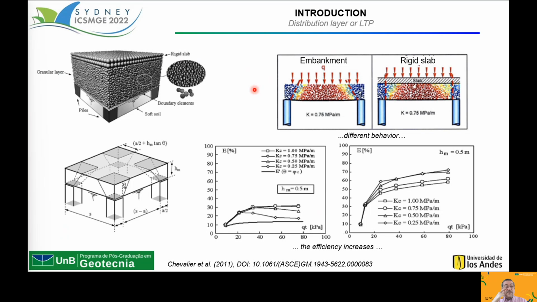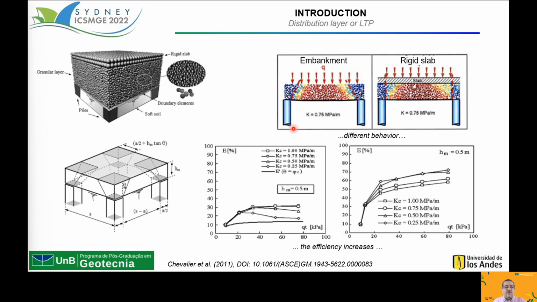Some models done by Chevalier et al. show that the behavior of the inclusions and the load transfer platform when a rigid slab is included, instead of an embankment, is very different.